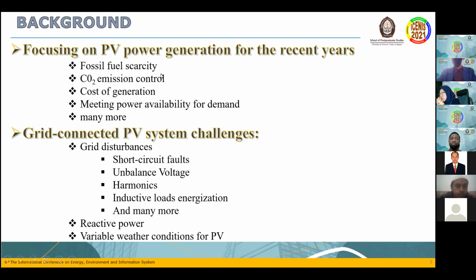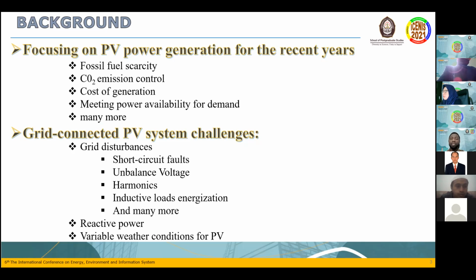However, it has some disadvantages, such as the scarcity of resources. It is evident that its resources will be diminished in the near future. However, the implementation of PV is assured as a great alternative for this conventional energy generation. And next, CO2 emission increases every day.